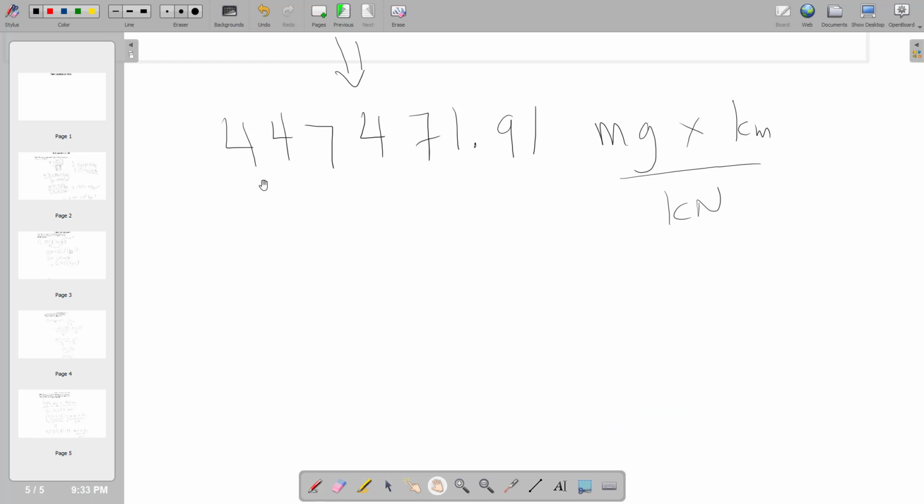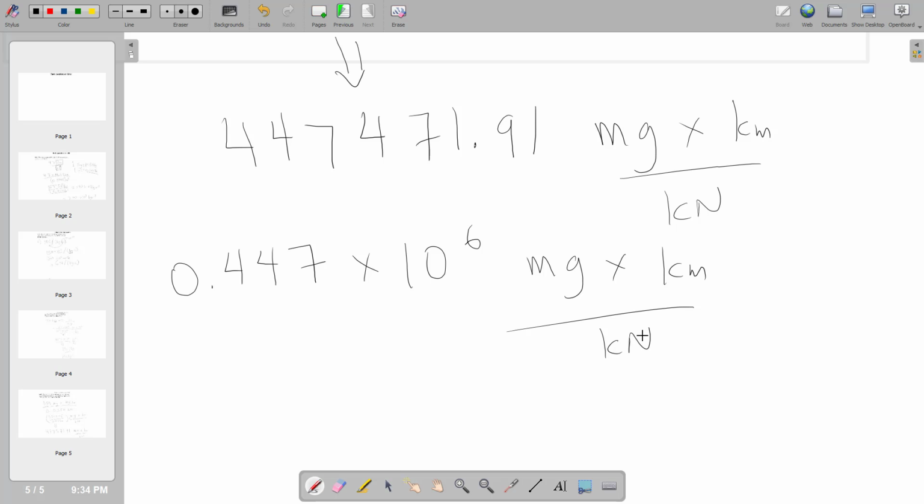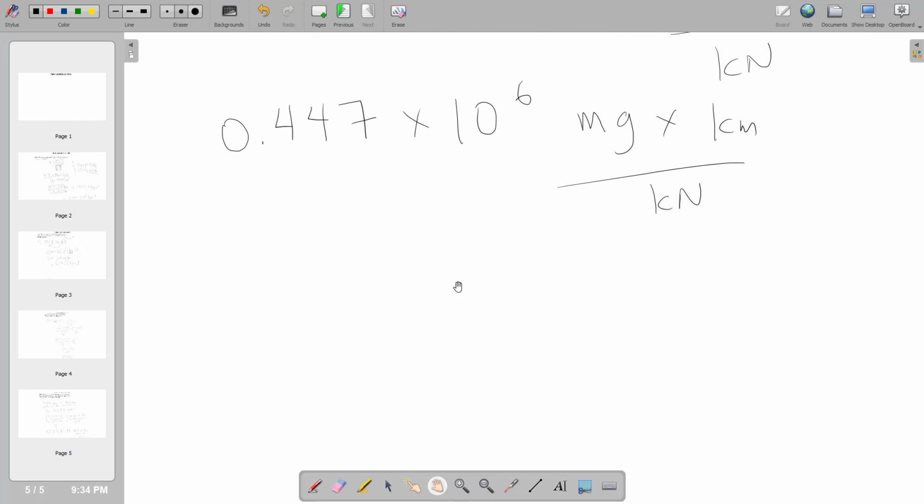So we moved it 6 times. So our number now is 0.447. And because we moved our decimal place 6 times, we have 10 to the power 6. And then we still have our milligram, our kilometers, and then our kilonewton. Now to simplify this further, we know that we will need to convert our milligram to kilogram.